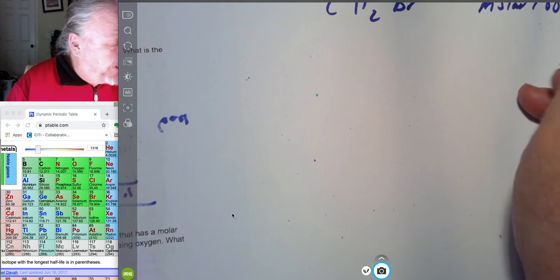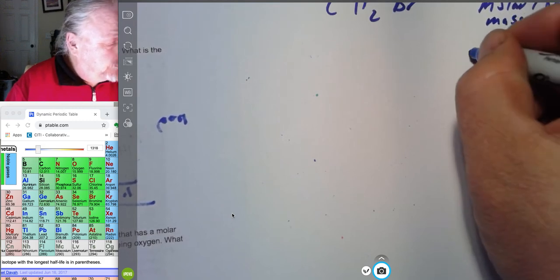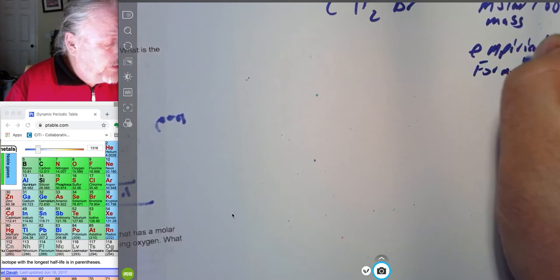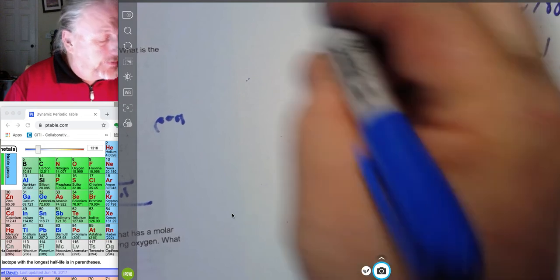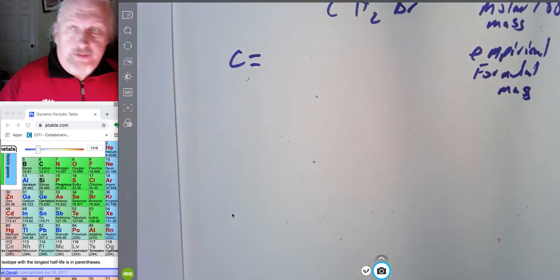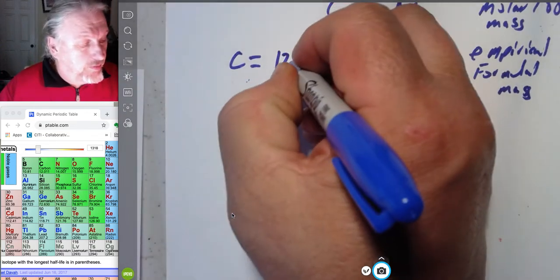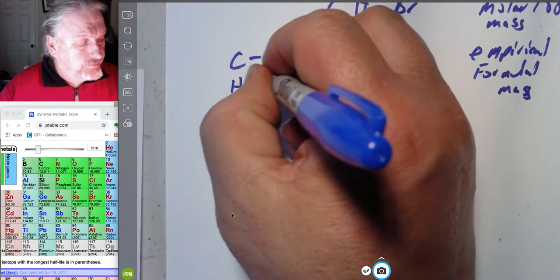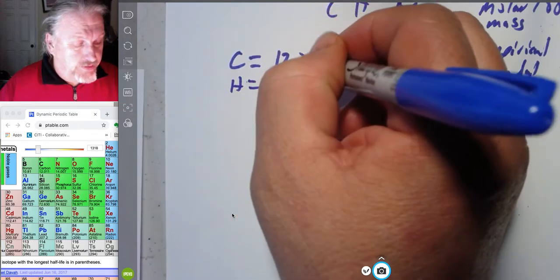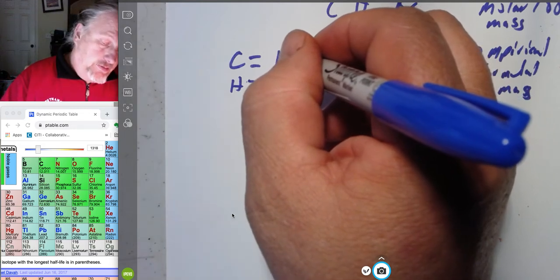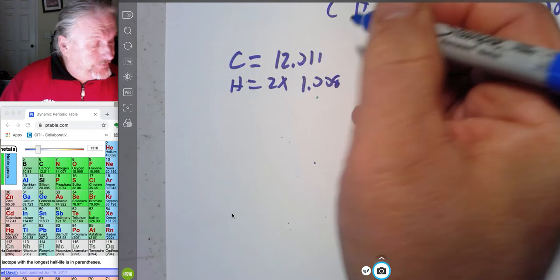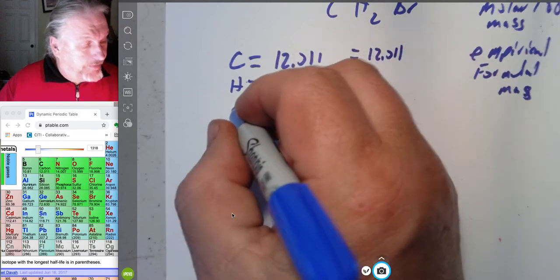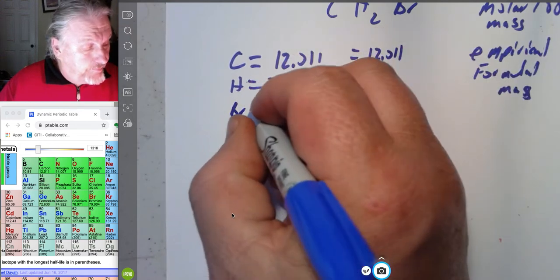So the empirical formula mass, let's calculate. All right, C. There's 1 carbon. Carbon has a mass of 12.011. Hydrogen. There's 2 of those. 2 times 1.008, if I recall. And Br. There's 1 of those.